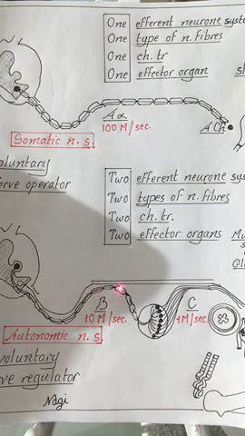This is why it looks white, because of the white myelin sheath. The second is the gray ramus, as it contains the postganglionic unmyelinated C fibers. This is why it looks gray, as there is no myelin sheath.